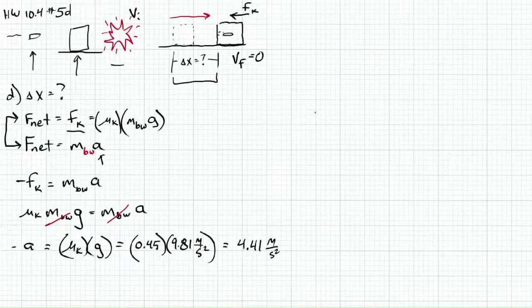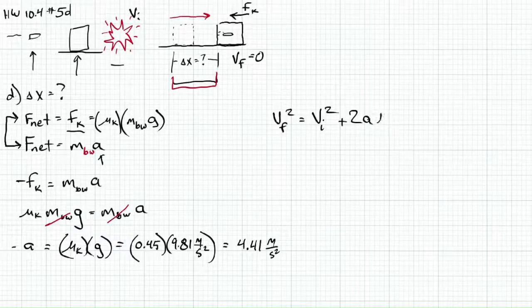That should make finding delta x fairly easy now. If you recall, we have the equation v final squared equals v initial squared plus 2 times the acceleration times delta x.